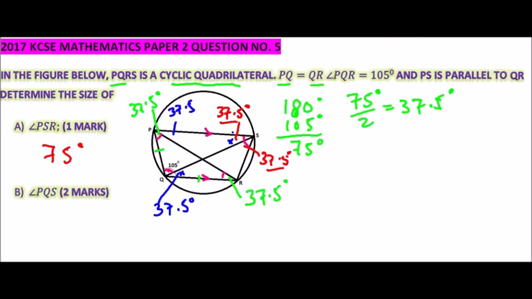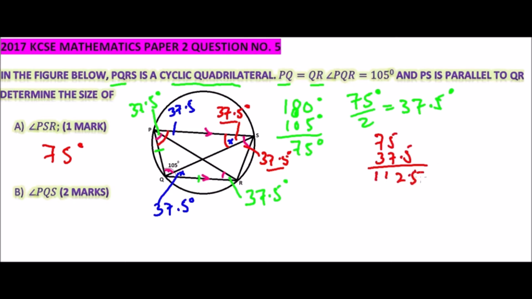Now we have the whole of this angle, that is 75. We add 75 plus 37.5, then we subtract from 180 to get angle PQS. So we have 75, we add 37.5, and this is 112.5.